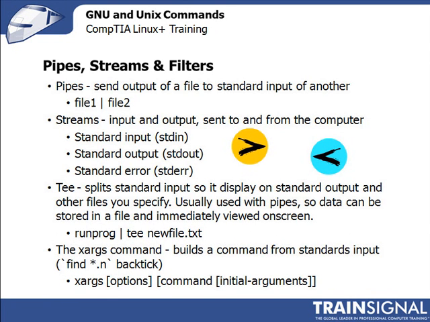The tee command is often used with pipes, as it can display information via standard output and also write to multiple files. As an example, if you typed in run prog space pipe space tee space newfile.txt, the program would display the output on screen and also copy it to newfile.txt. Another command is xargs, which builds a command from standard input.